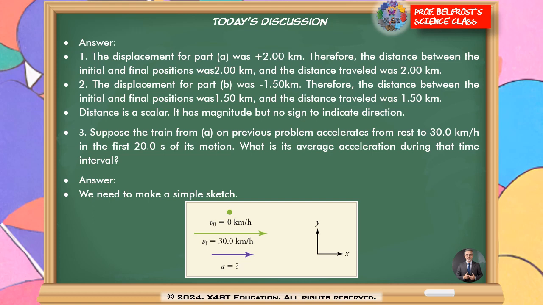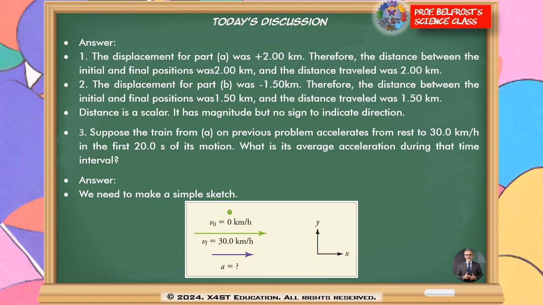Distance between initial and final position is related to displacement, but distance traveled may be greater because you can go back and forth, and it will count. If we only consider the initial and final position, it will not show us this information. Please be very careful.